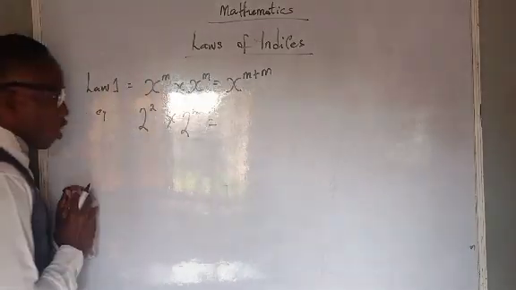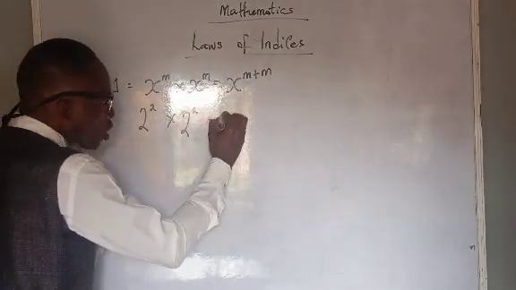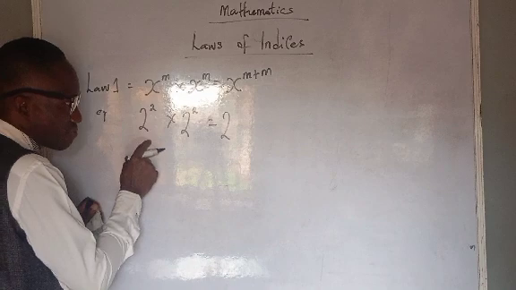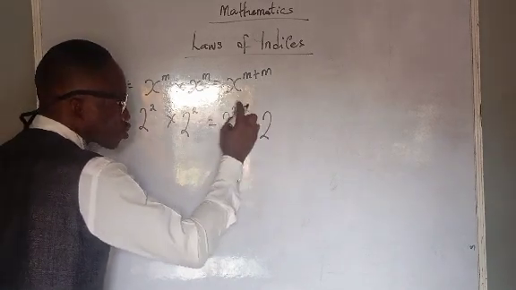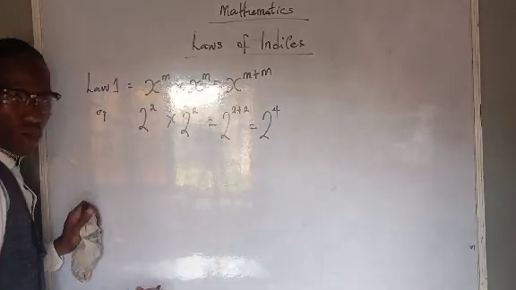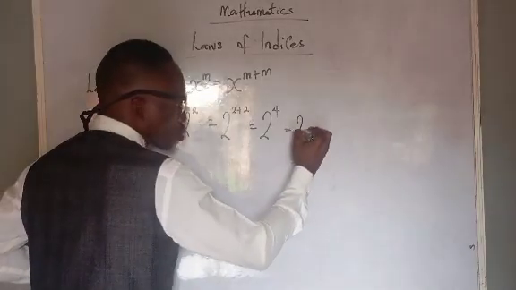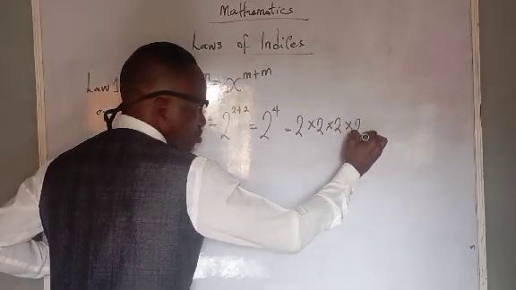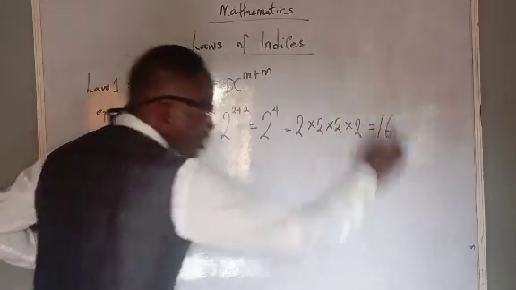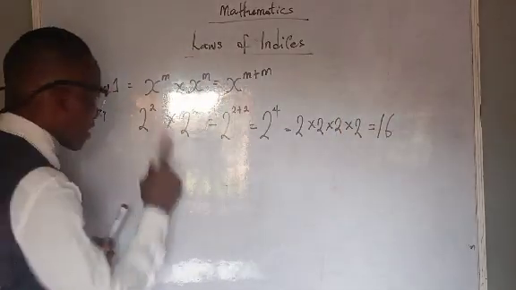Or you follow the laws, which say you pick one of the bases, since it's the same, then you say 2 plus 2, which will be what? 2 plus 2 is not 4? It's 4. And when you come up here, you have 2 times 2 times 2 times 2, which will give you what? 16.